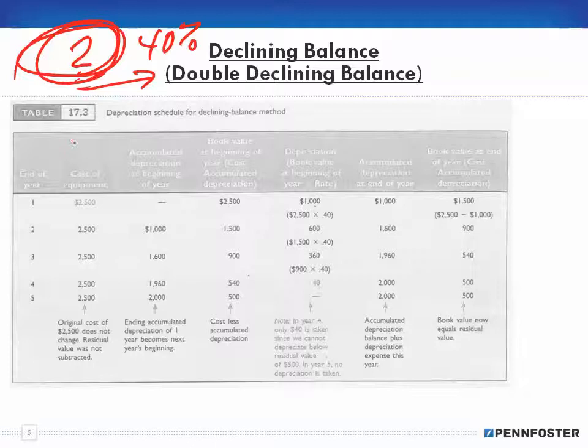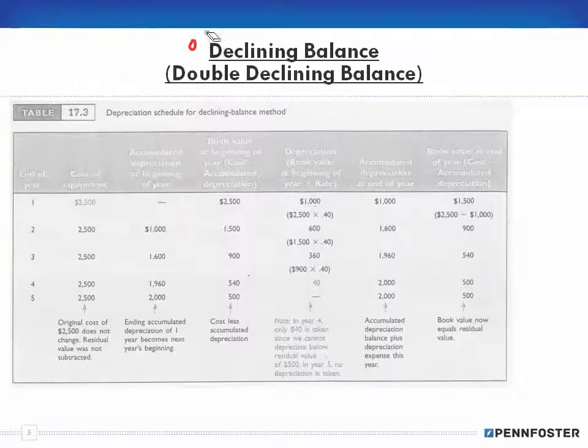Okay? So, real quick, the most important thing to remember here, and then I'll stop the video and explain the schedule of depreciation, is that we're going to take 100%, that's a given, and then divide by whatever number of years we decide for a useful life.